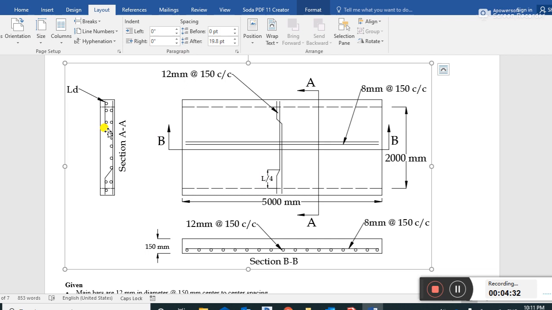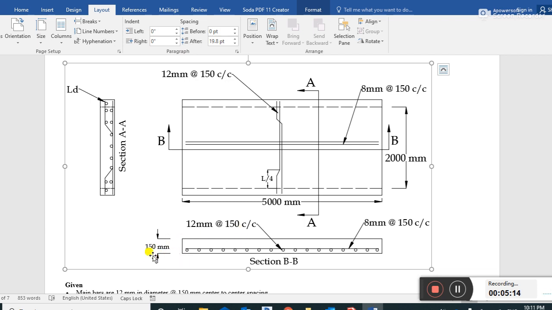This is LD. The shape is like this, and if we cut lengthwise, we can see this detail, section BB. In this part we see the distribution bars, 8 millimeter at 150 center to center, and the 12 mm main bars, also at 150 center to center, guys.